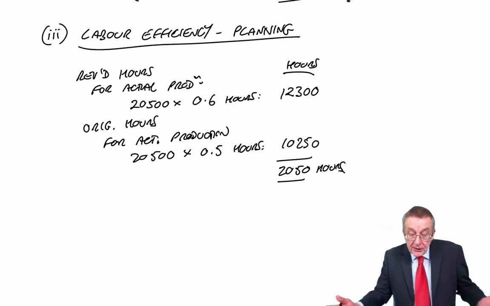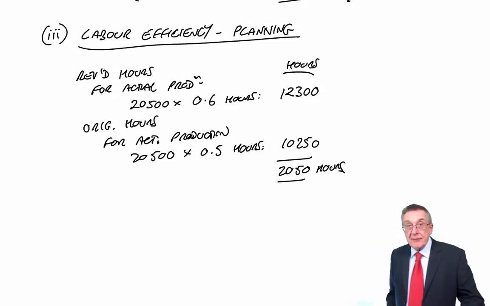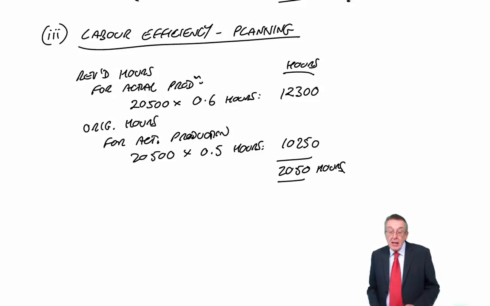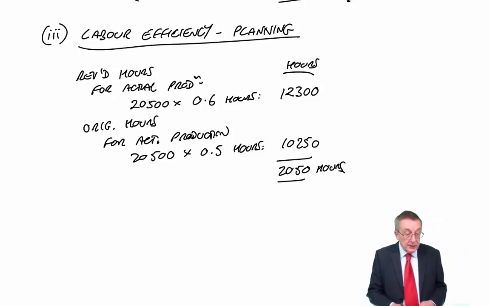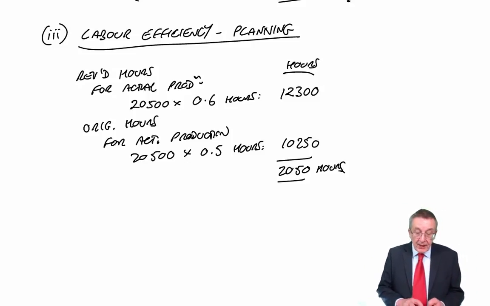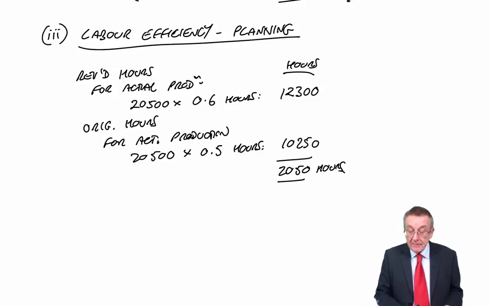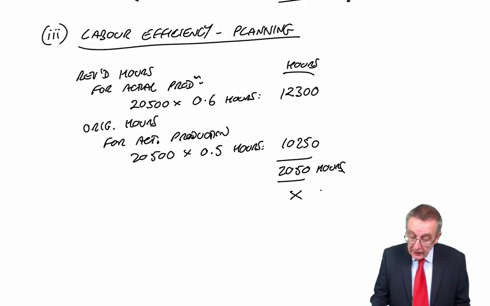And you see, it works in several ways. I could have almost written it straight down. On the 20,500 units, we planned to spend an extra 0.1 of an hour. Regardless, we planned to spend an extra 2,050 hours. We need to cost it out at the original standard cost.